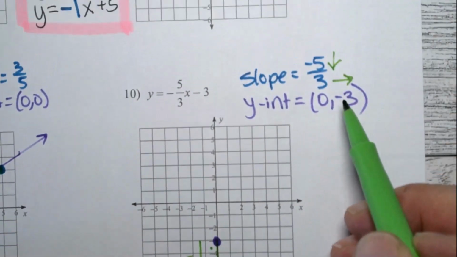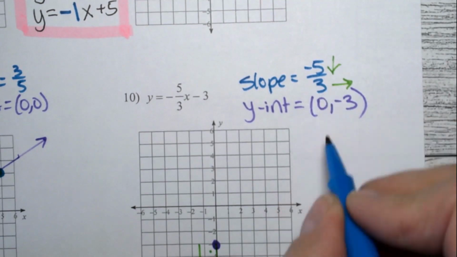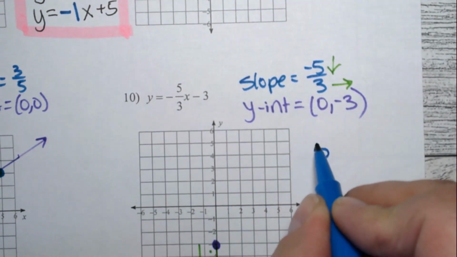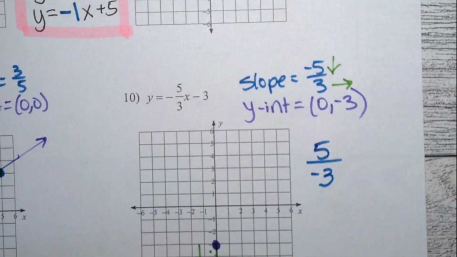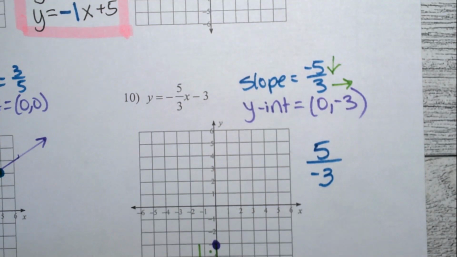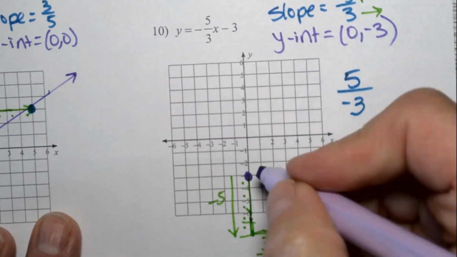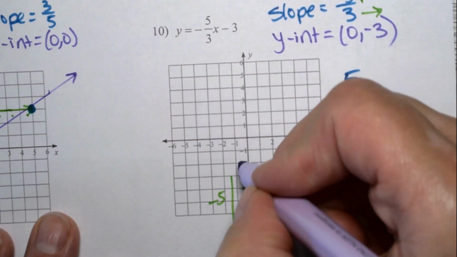That's pretty straightforward. The other way to do it would be to do these numbers backwards. So instead of using -5 over 3, use a +5 and a -3. It still works out to be a -5/3 slope. Let me get a different color.